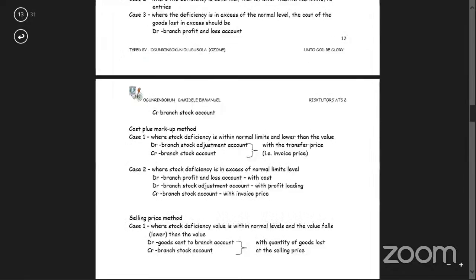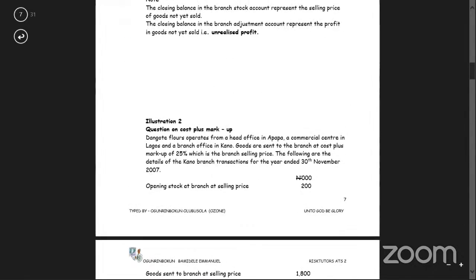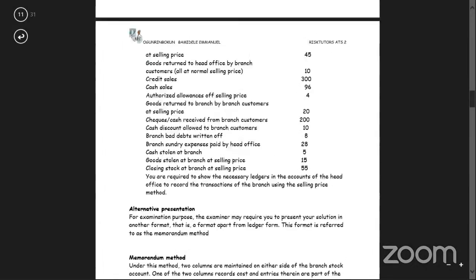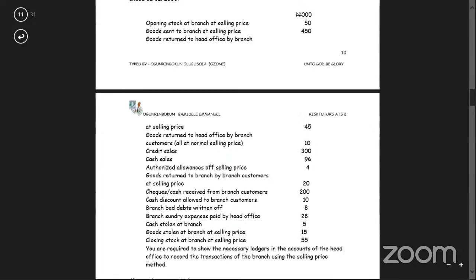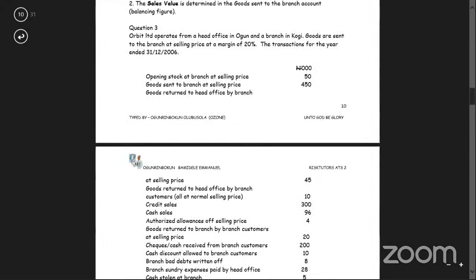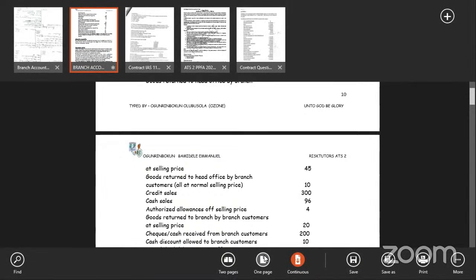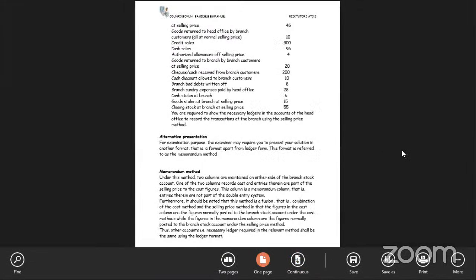So this is the question. We have done cost plus, so we are at this point. For those of you that want to screenshot, we have it here, question 3, and we're scrolling down. In order to make it easier, let me give you one page, so this is where we started from.